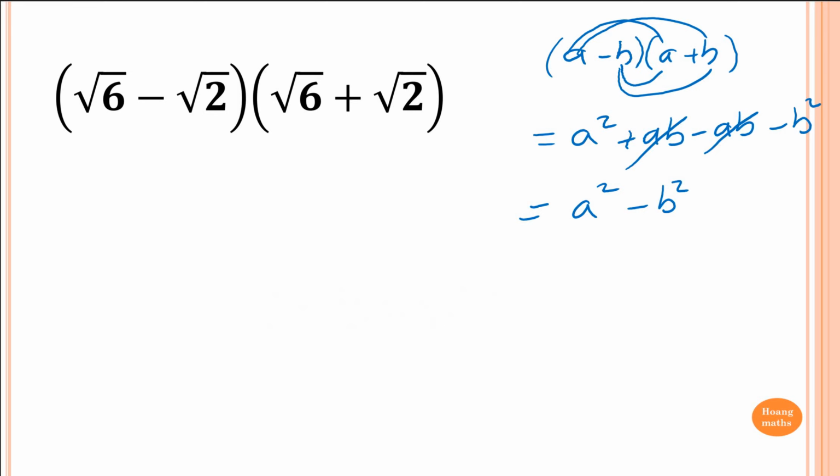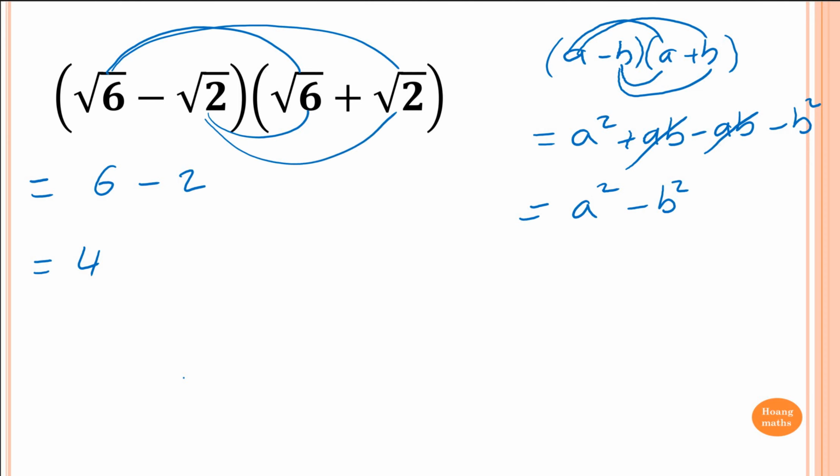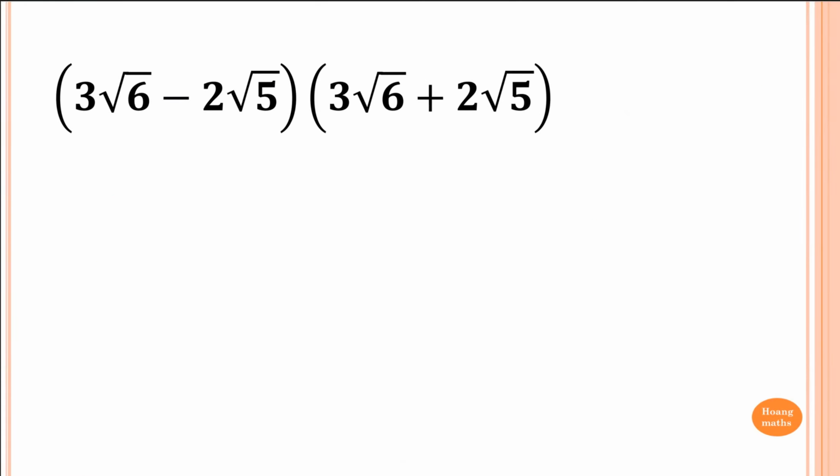What it means is a difference of 2 squares. So square root 6 squared is 6, minus square root 2 squared is 2. So the answer is 4. Now if you cannot remember the rules, it doesn't matter, just do long expansions like this. There's nothing wrong with that. It just takes a bit of time. But it's good to know all these rules, so they make things faster and easier, and you're less likely to make mistakes.